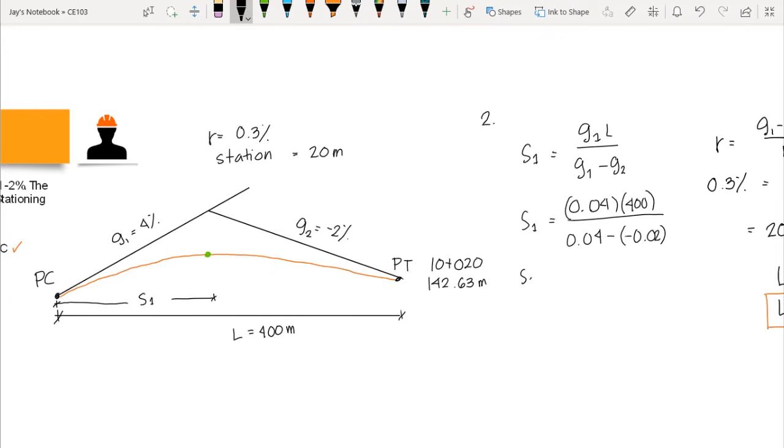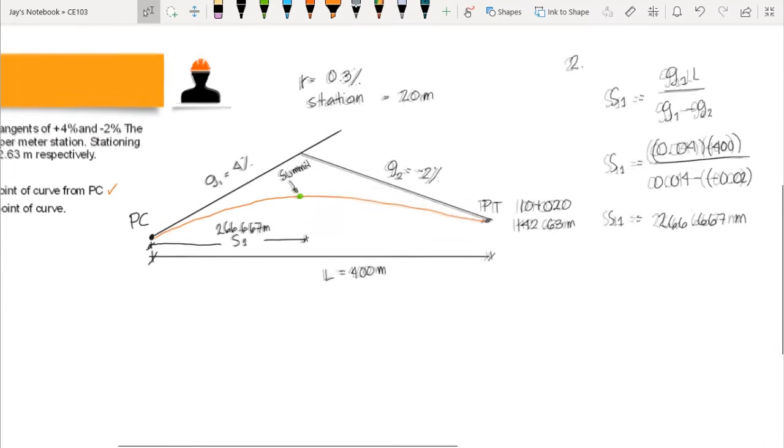So our S1 is basically equal to 266.667 meters. So the location of the highest point, let's say this is our summit, is 266.667 meters from PC. Or you can just use the grade diagram.